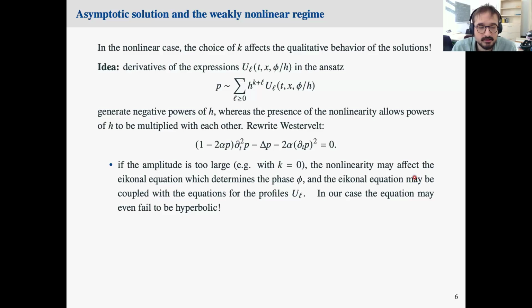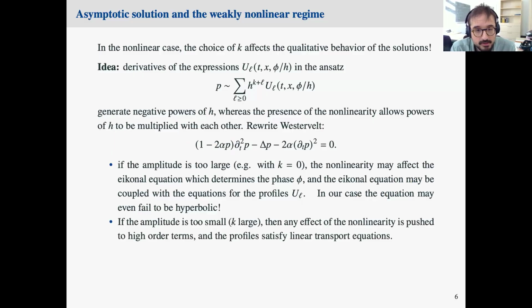And that could lead to very complicated behaviors where the eikonal equation is actually coupled with equations for the profiles, and you can't solve them separately, which would be a really bad thing. And you might even fail to be hyperbolic. So if p is big, you can see that in principle this coefficient here could vanish, and then you lose the hyperbolic character of the equation.